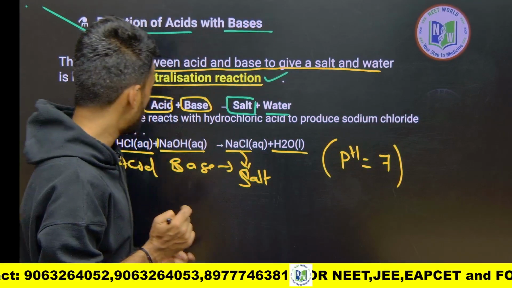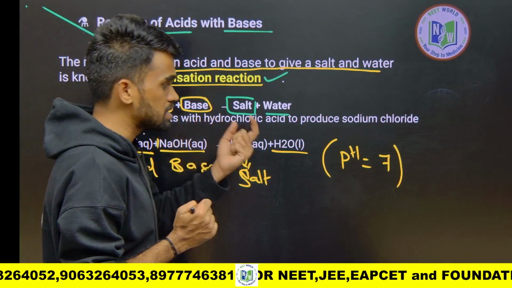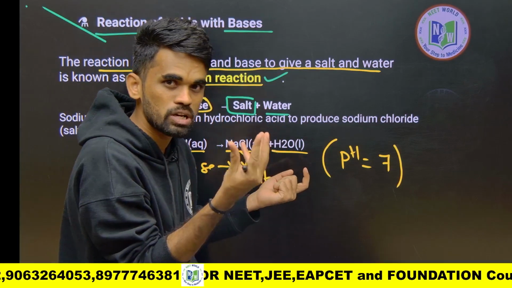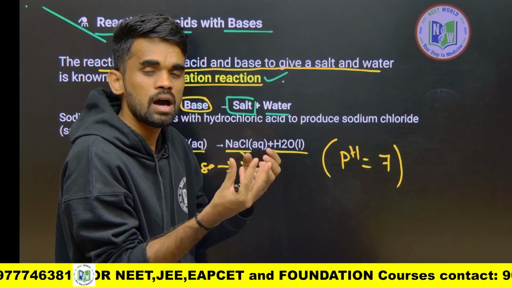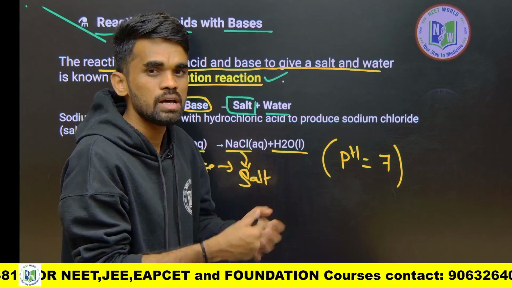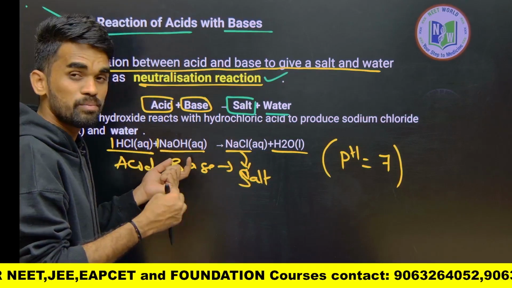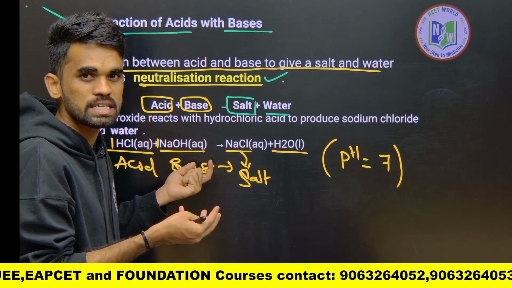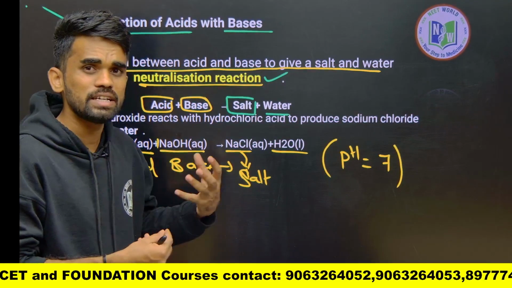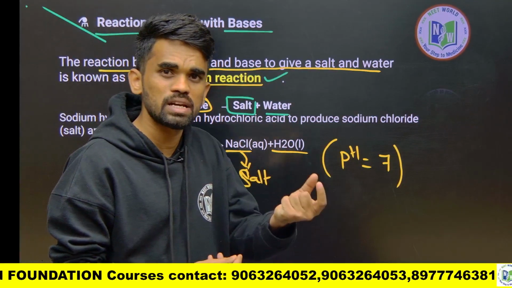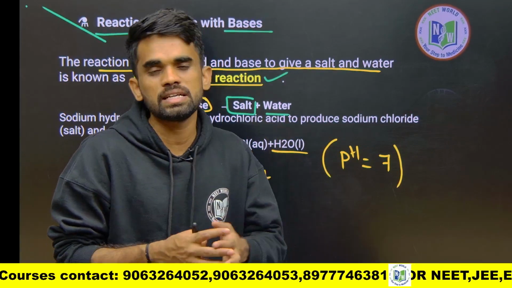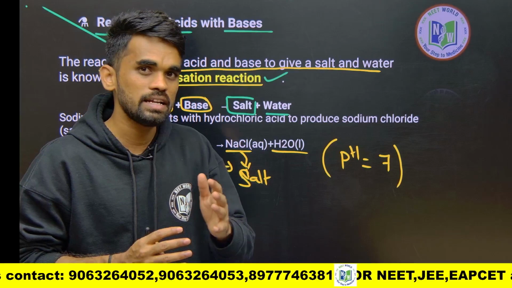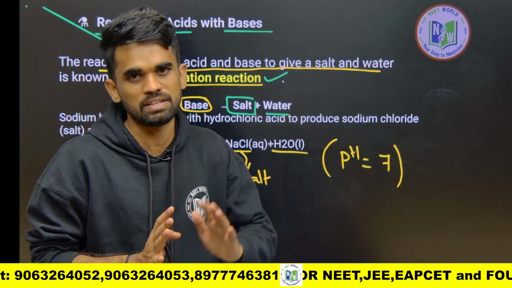If we take more acid, the resultant solution will contain some acid, so it will become acidic. And if we take excess base, then after the reaction some base remains unreacted, so the solution shows basic nature. In this case the pH value will be greater than 7, right?